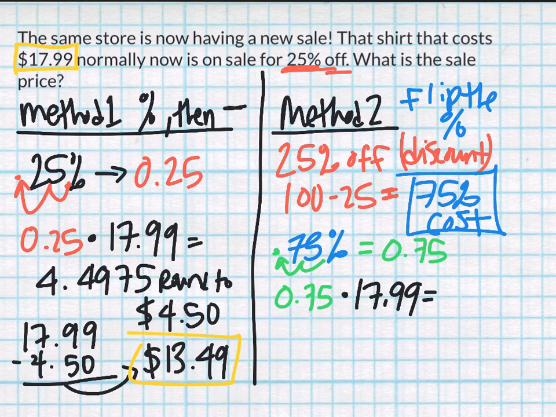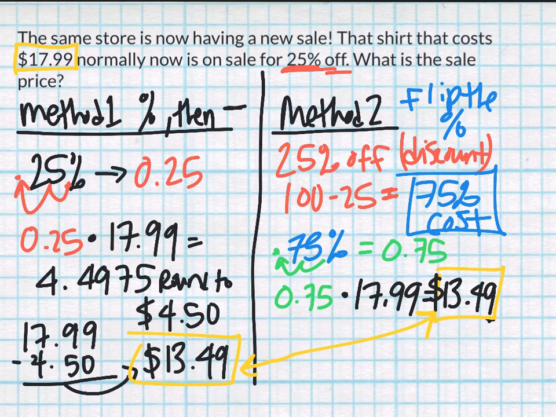If I don't, then I did something wrong. So 0.75 times 17.99 gives me 13.4925, and we're doing dollars, so we always round to the hundredths place, so I got $13.49. Did I get the same answer? Yes, I did.